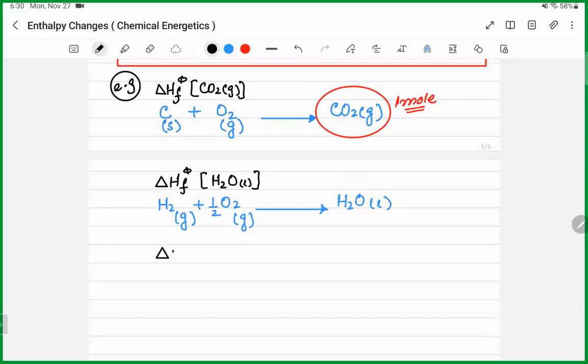If I ask you, write down the equation for the formation of SO2 gas. Can you do it for me? Equation for the formation of SO2 gas.